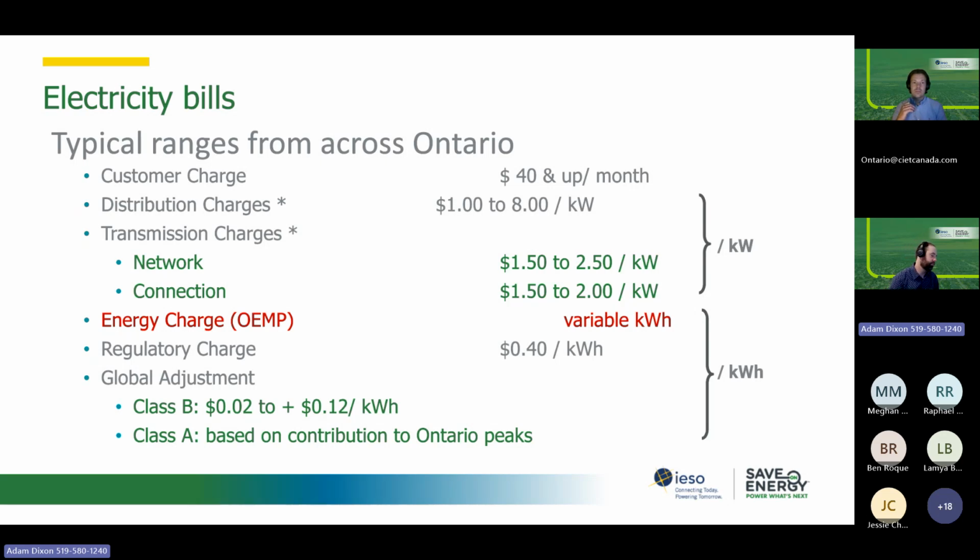So, for example, somewhere with lots of population like Toronto or Southern Ontario, if they're using a lot of energy, they may pay a little bit more right now than somebody up in Northern Ontario, which is more sparsely populated, and they pay a little bit less just because there's not as much demand right now.